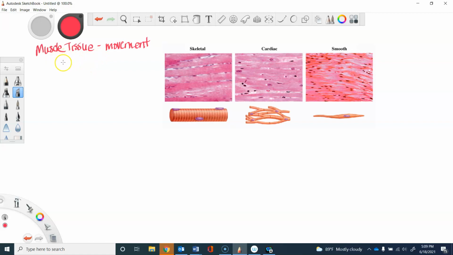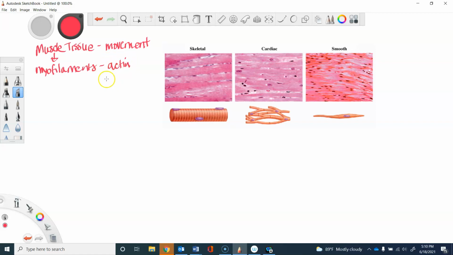Muscle tissue is very cellular, very vascular, very metabolic. Okay, it utilizes a lot of ATP, glucose. Okay, it contains things called myofilaments. And the myofilaments are little proteins.